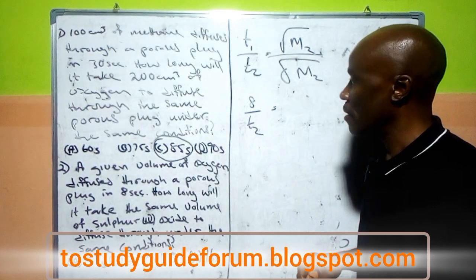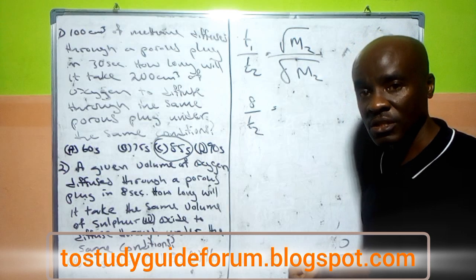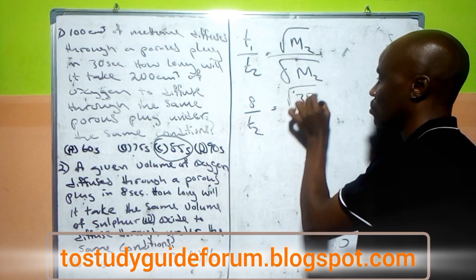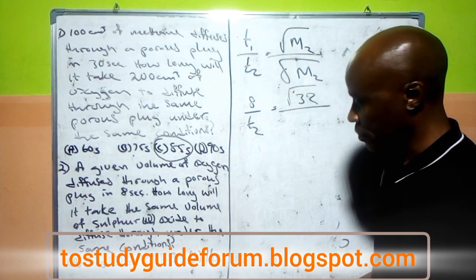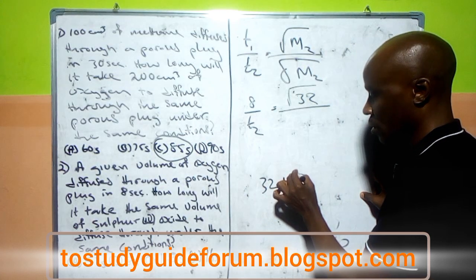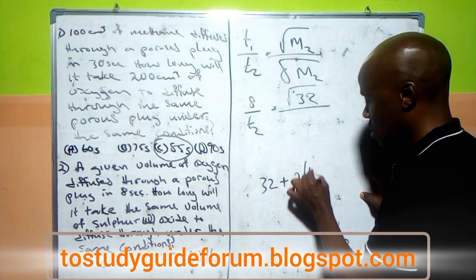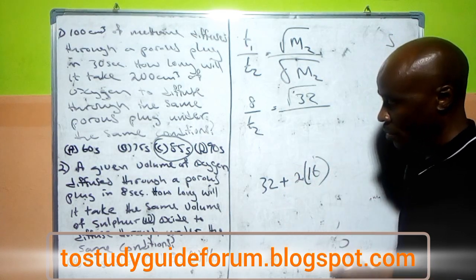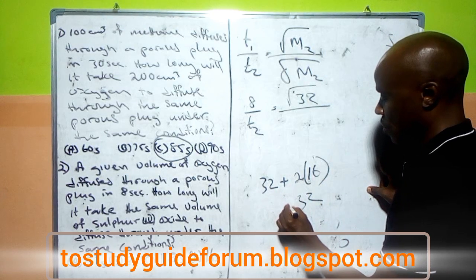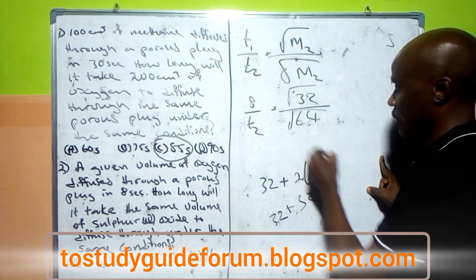Then the relative molecular mass of oxygen being diatomic is 16 times 2, that will give us the square root of 32 all over that of sulfur 4 oxide. Sulfur is 32, plus oxygen 2 times 16, which gives 32 plus 32. That is 64, all square rooted.